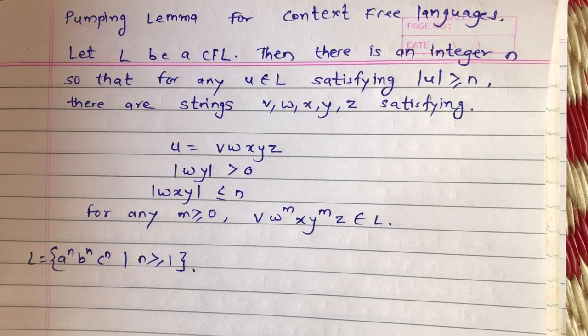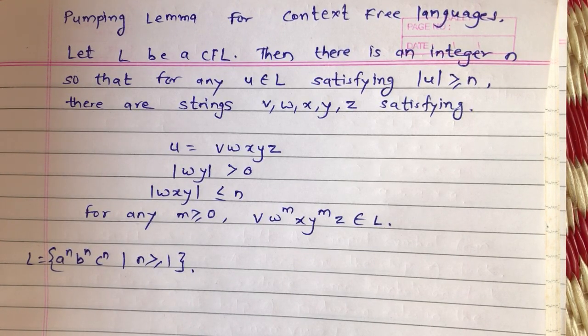What will happen due to this? As we have seen in regular languages also, if we take multiple powers like power of 2, power of 3 for w and y, we will get additional symbols in those components. But that will not give strings from that language, so that will contradict our assumption itself. And by the proof by contradiction method we can say that this particular language is not a context-free language, right?